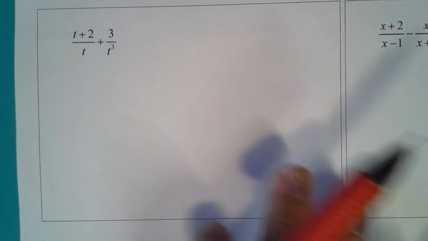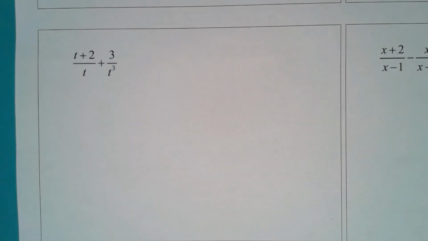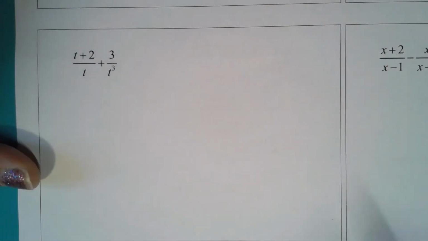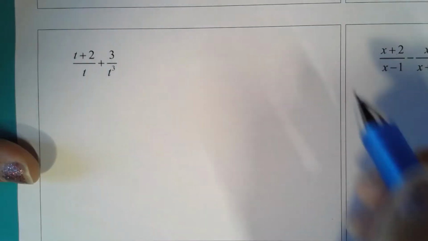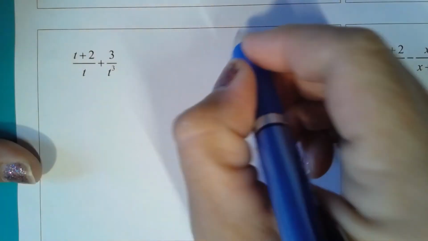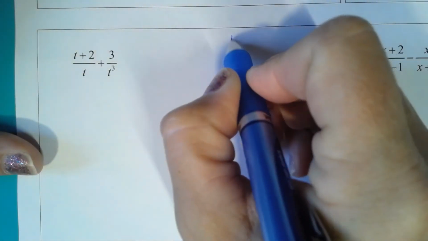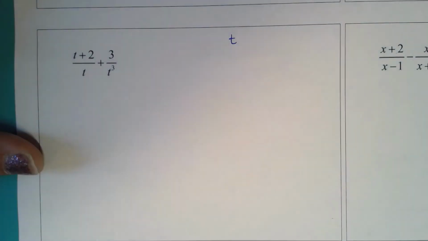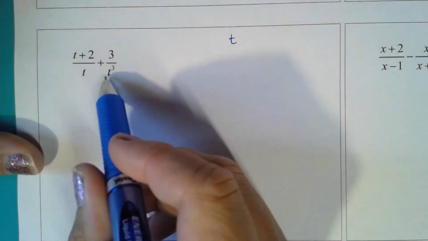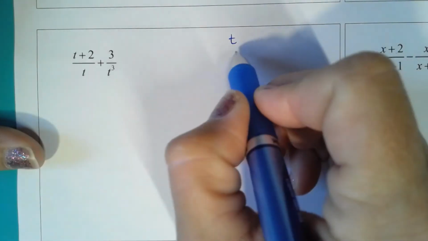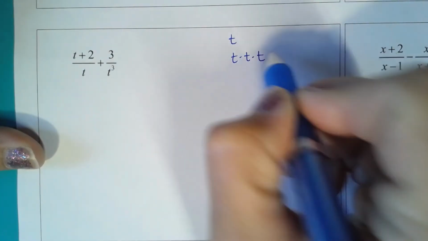Let's take a look at this next one. So we've got t plus 2 over t plus 3 over t cubed. So again, I want to find my least common multiple. So I'm going to factor each denominator. My first denominator is a t, well, that's it, right? It doesn't factor anymore. My second denominator is t cubed, which is t times t times t.